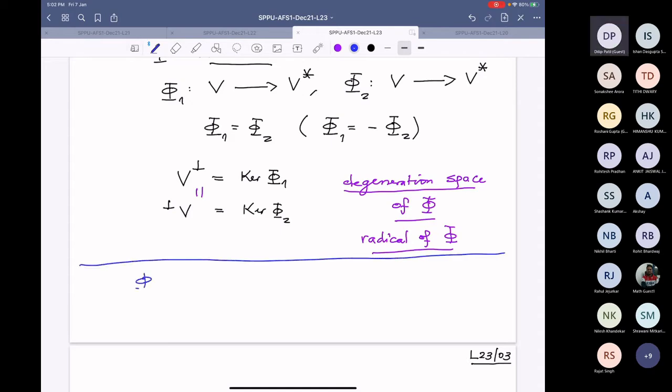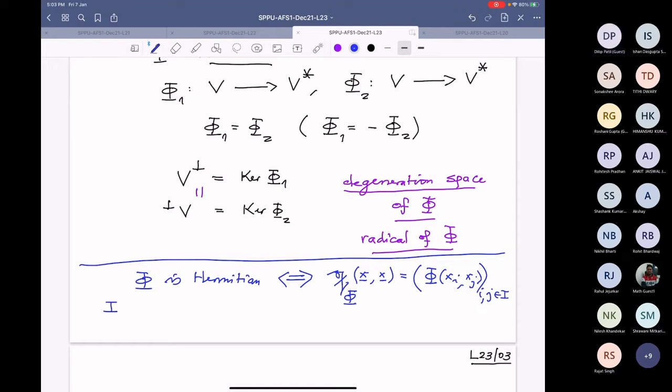So phi is Hermitian if and only if the Gram matrix of phi with respect to the basis x, so there's only one basis, I am taking the same basis here, that Gram matrix is the matrix phi evaluated at x_i, x_j, where i, j belong to I, that is 1 to n, and x_i is the basis.